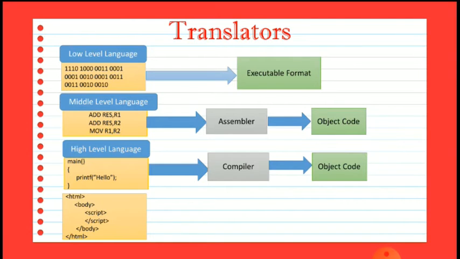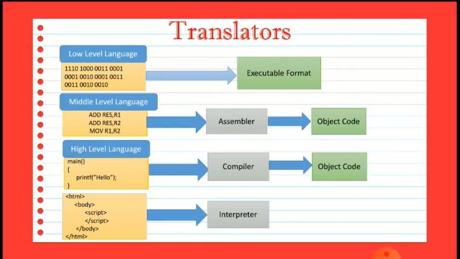As you can see, instructions are not in binary format. So to translate these instructions, we use interpreter. Here, first instruction is sent to the interpreter and then the next instruction and so on.